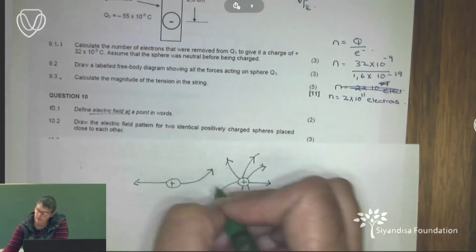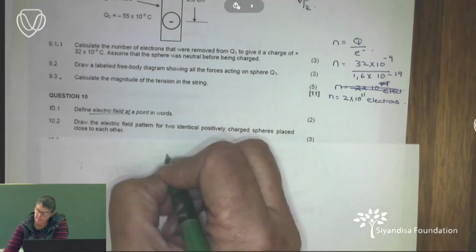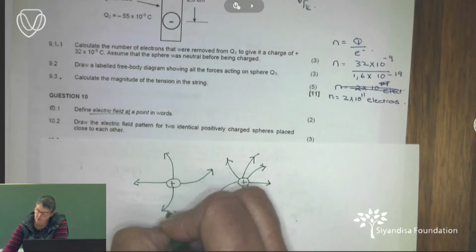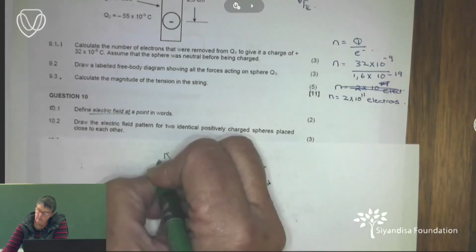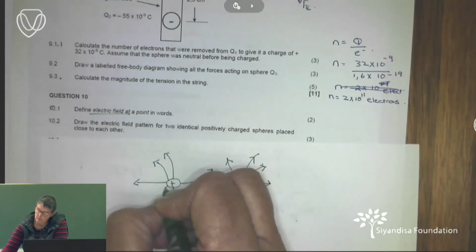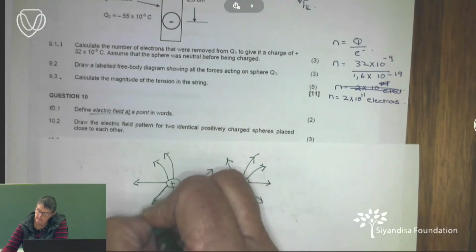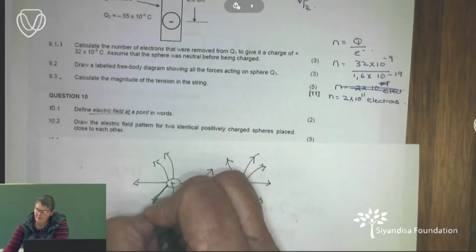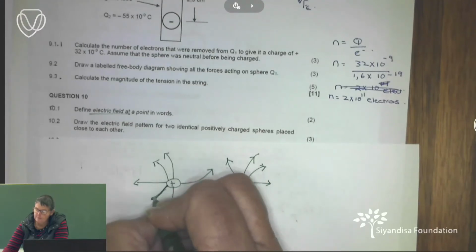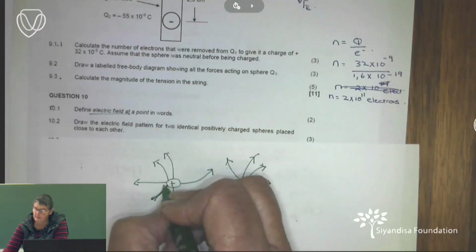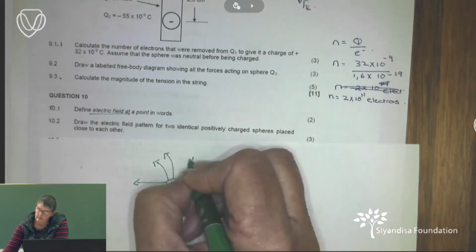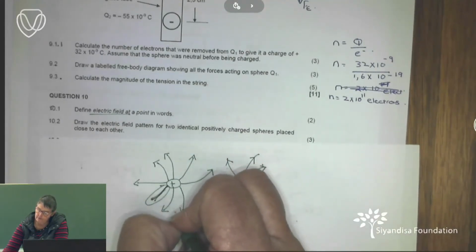Right, so they repel each other and they form a slight curve. Please make sure, people, you do this in pencil, that you can erase this. See? Right. Okay. And then we will have our curves like that.